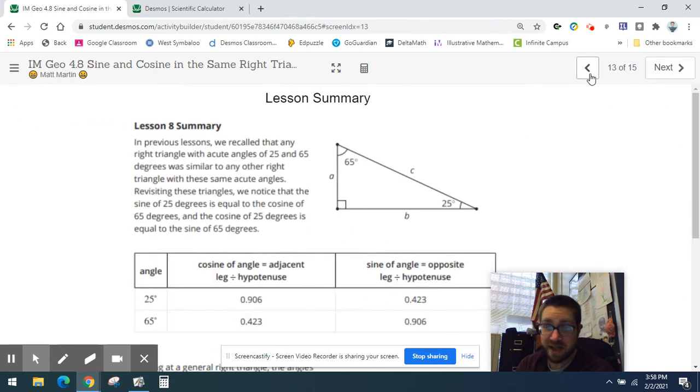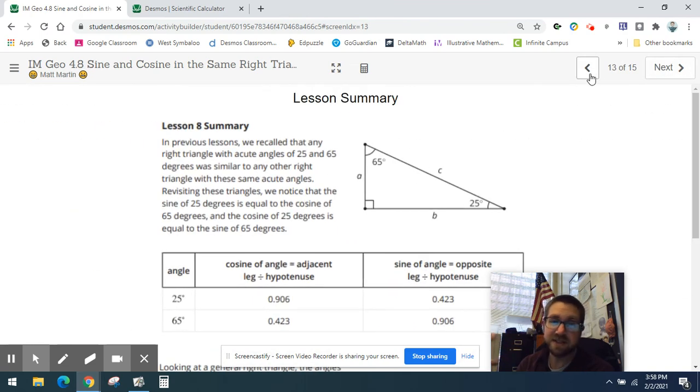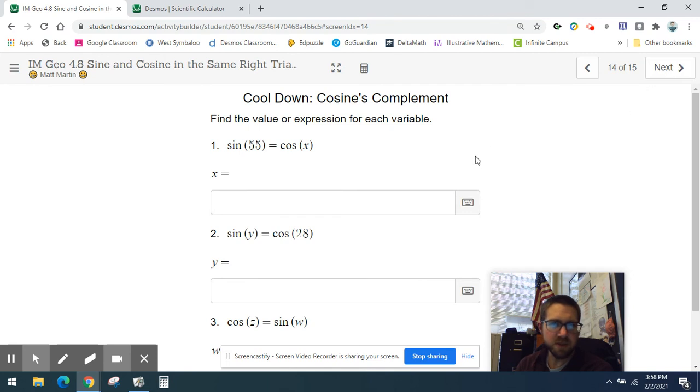Or I should say the sine of 25 is equal to the cosine of 65 and vice versa. So just a little bit of practice to ramp down for today. So if I know that sine of 55 is equal to cosine of some other number, I know that that number needs to be 35 because 55 and 35 makes 90.